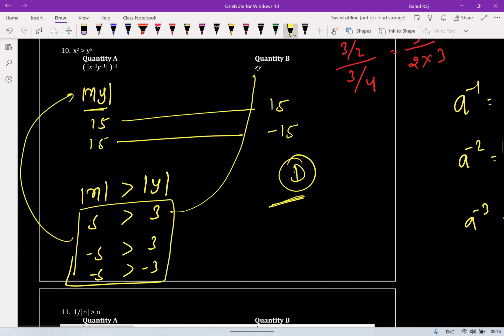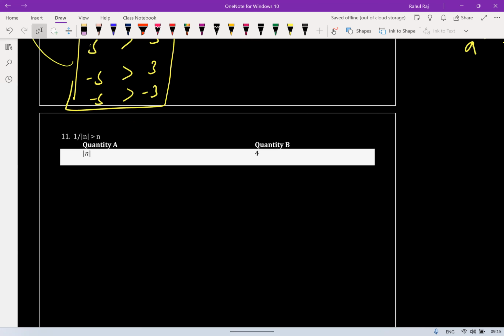11th number. Okay, so 1 over mod n is greater than n. So here you can assume that n is any negative number.